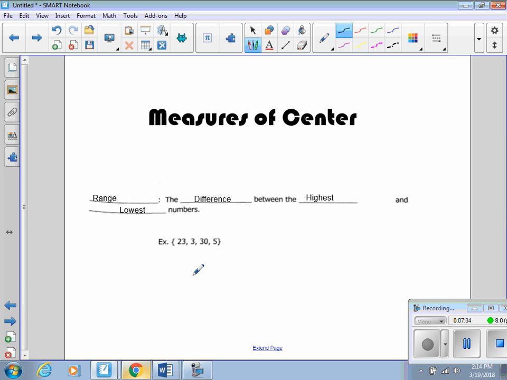So here we have 30 as our high number and 3 as our low number. So we would do 30 minus 3, and we would get 27 as our range.